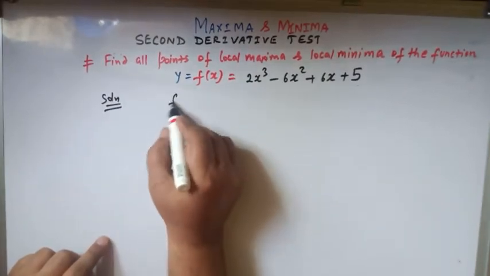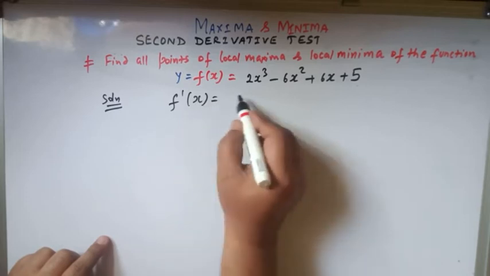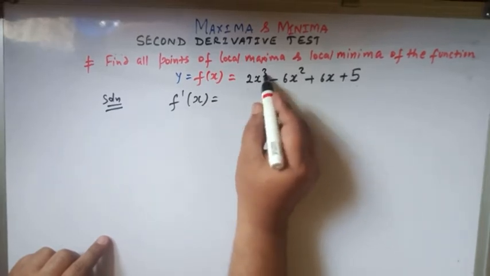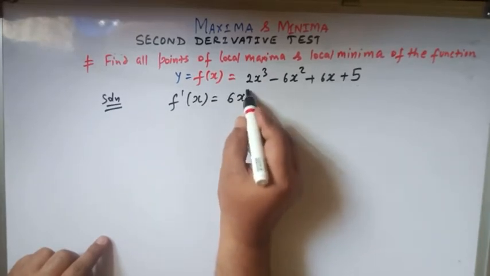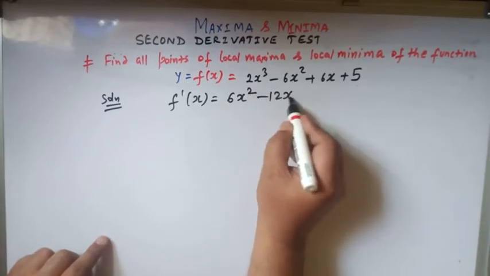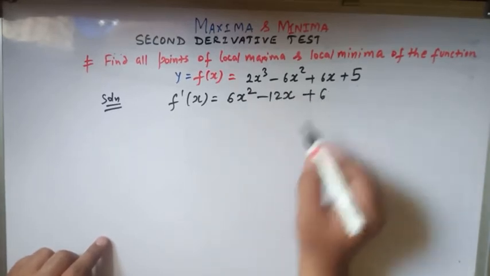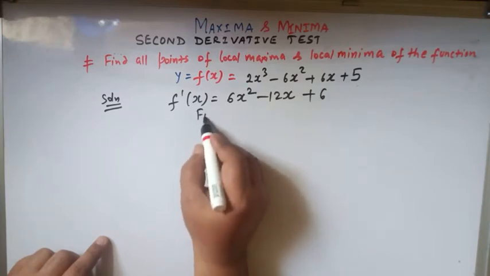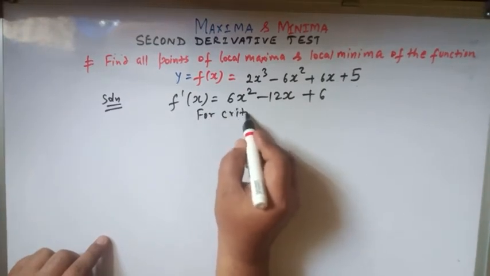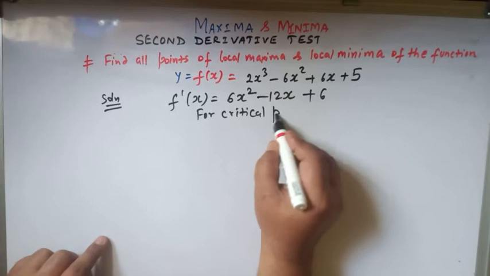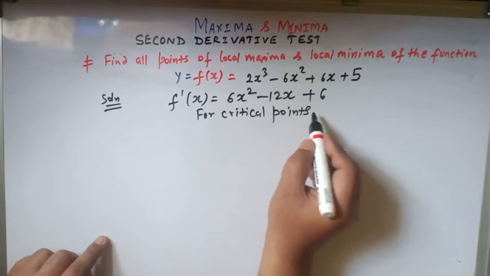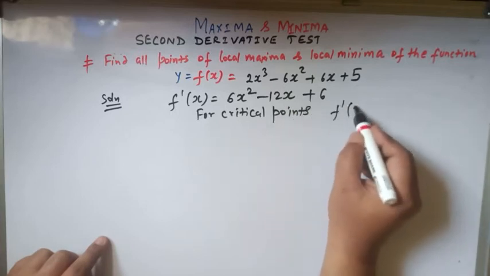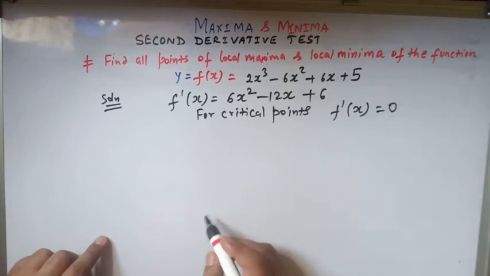Here we have the first derivative f'(x) = 6x² − 12x + 6. Clear? Now for critical points, the first derivative must be 0.